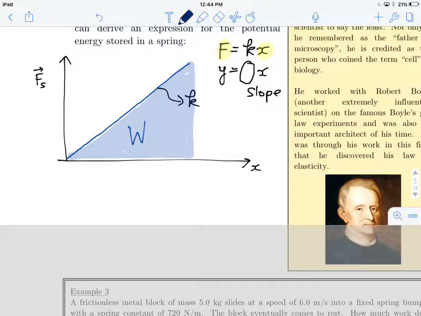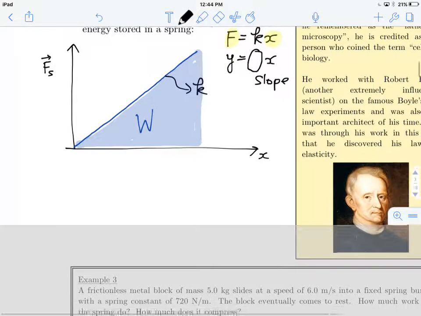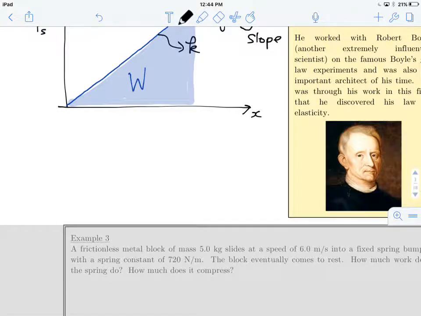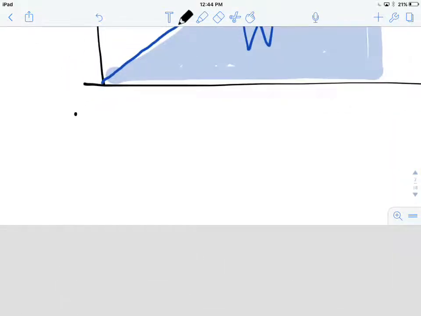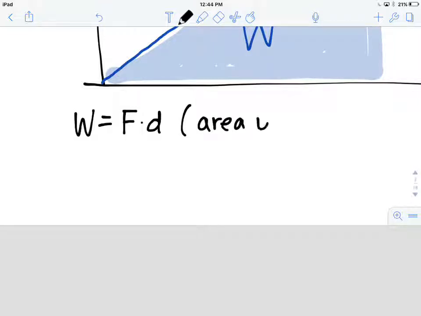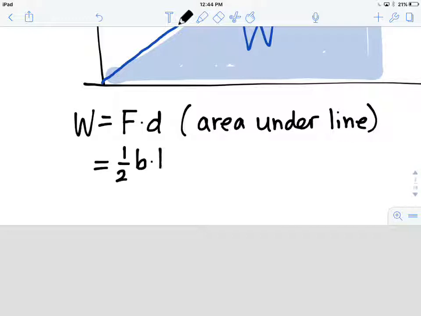So let's take a look at a little derivation, because the graph is great, but we want to turn this into an equation. Work is equal to force times displacement. And in this case, it's the area under the line, or the curve, whatever the case may be, which is a triangle. 1/2 base times height.